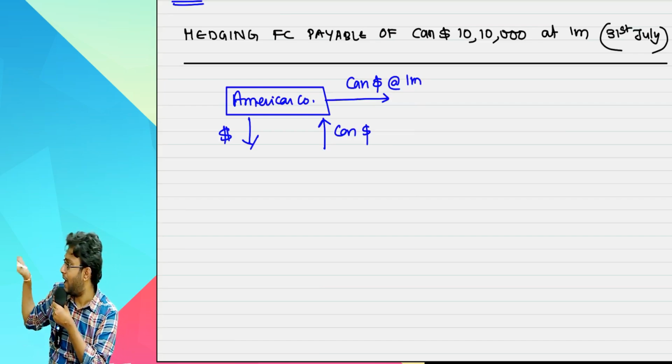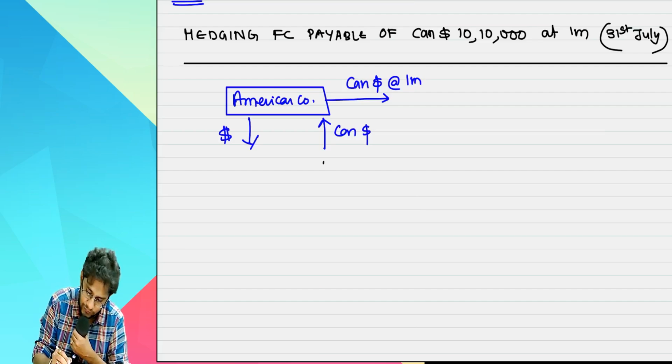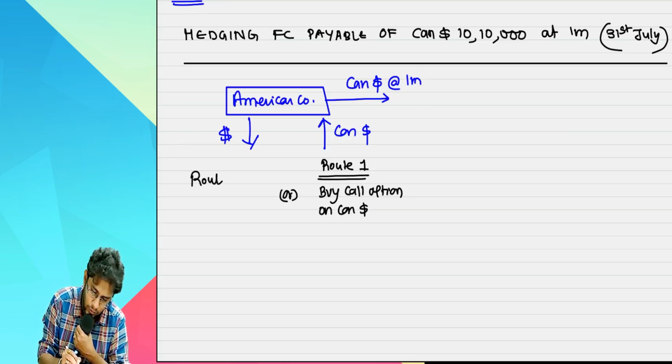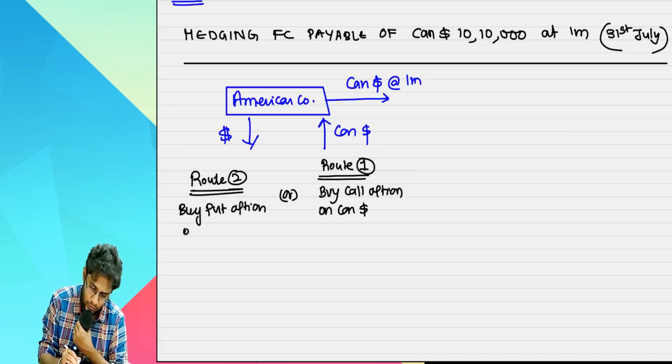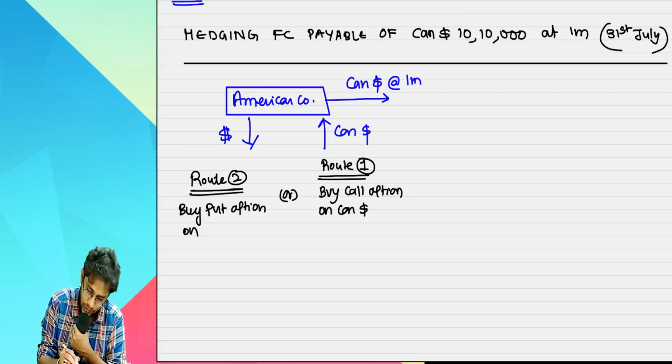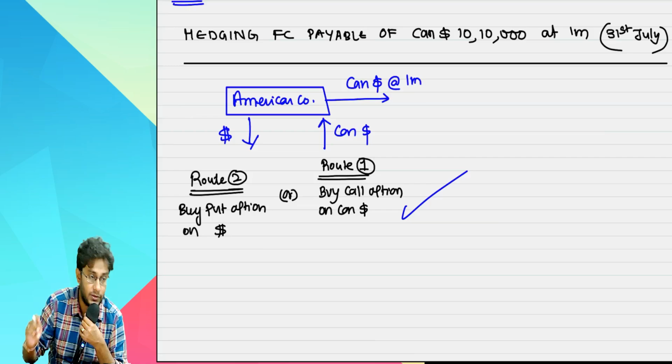So risk arrives here also. Therefore, route 1 is buy a call option on CAN dollar, or route 2, don't become a writer, sir, only a holder. So a holder will have 2 choices, either buy a call option or buy a put option.